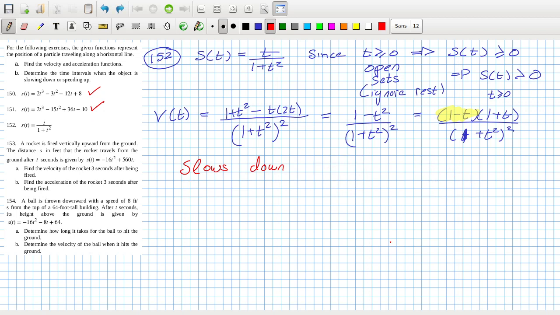All right, let's calculate the acceleration. Okay. Thought I could guess it.